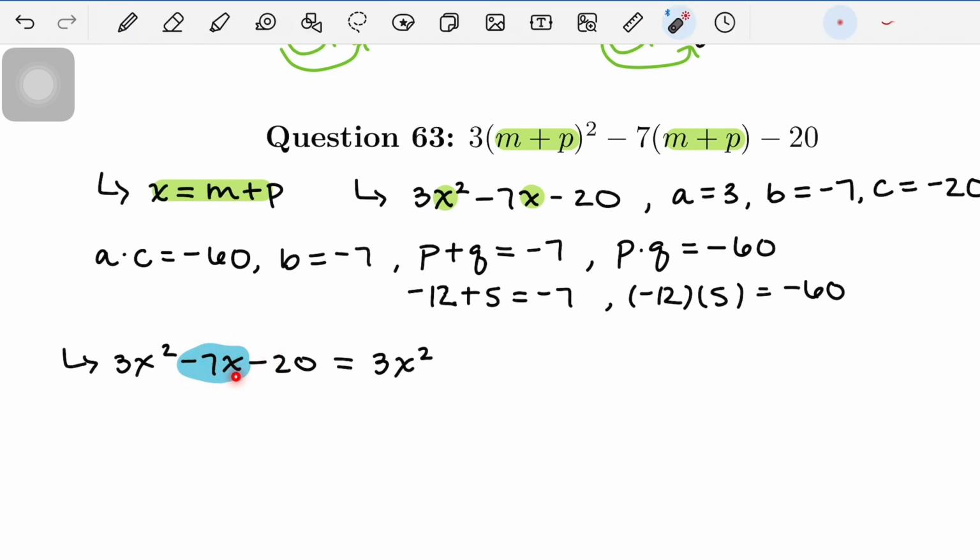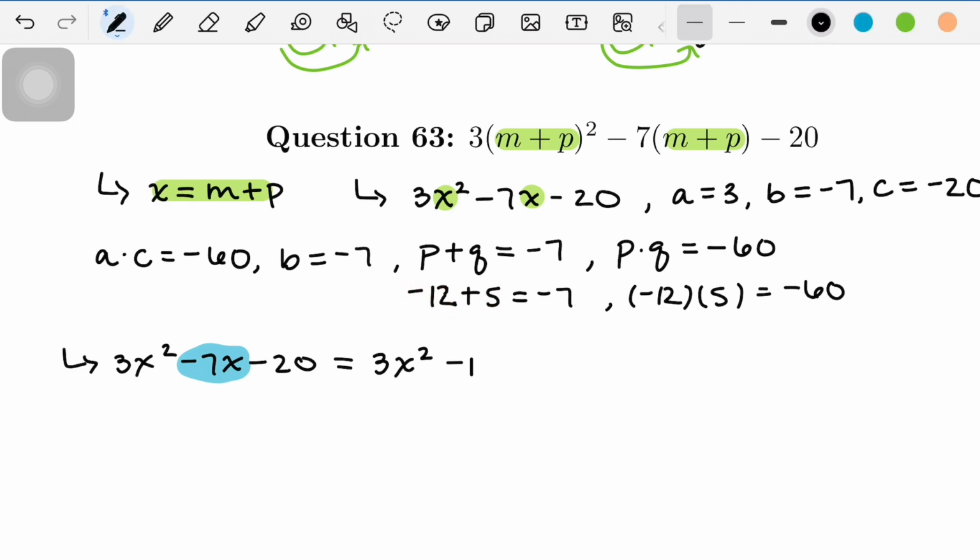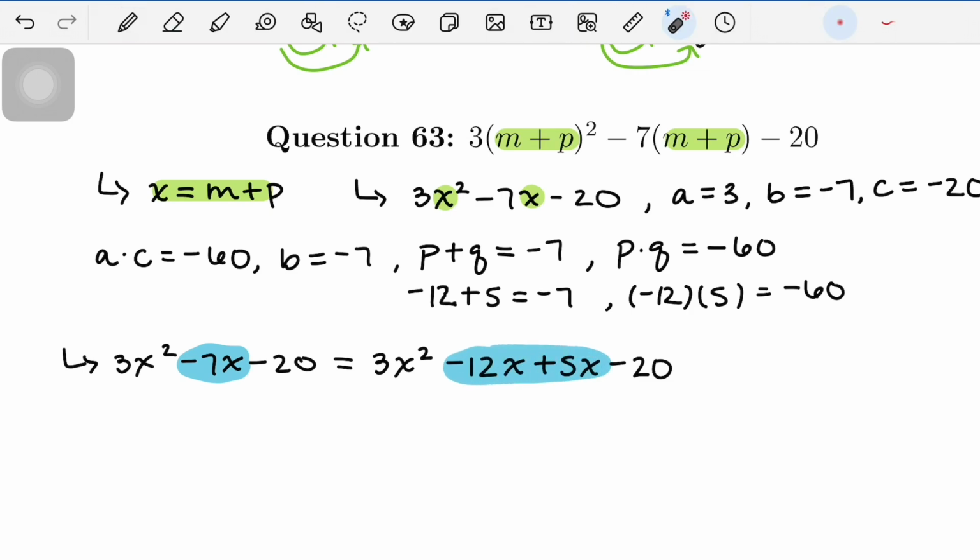So what we're going to do is rewrite minus 7x using a minus 12x and a positive 5x. And we still have this minus 20 here. So the whole idea is to break up this middle term, this minus 7x, into two different terms here so that we can then use our factoring by grouping method.